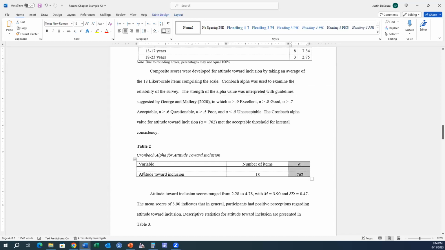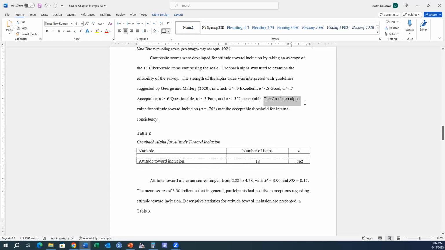So in this table, we have the name of the variable, we have the number of items within that scale, and we have the Cronbach alpha value right here. So Cronbach alpha was 0.762, which is above a 0.7, which universally that's considered acceptable reliability.